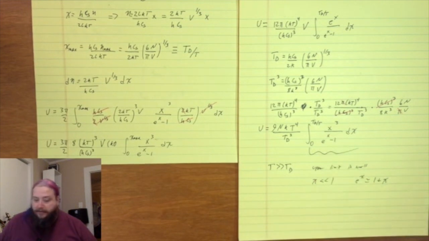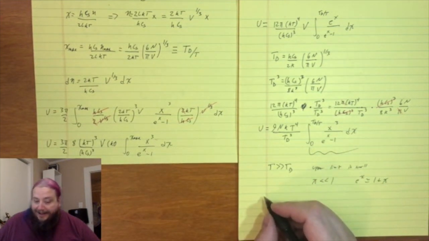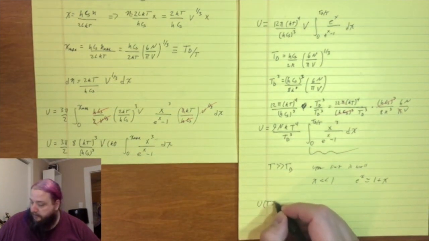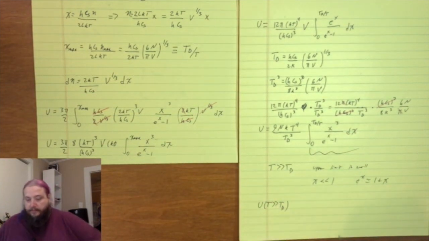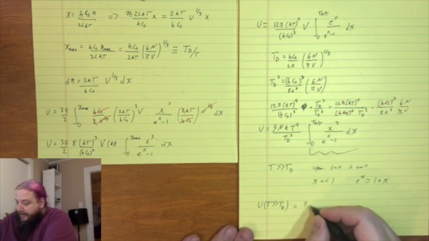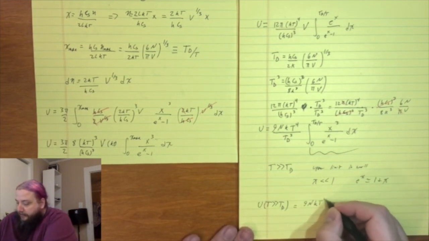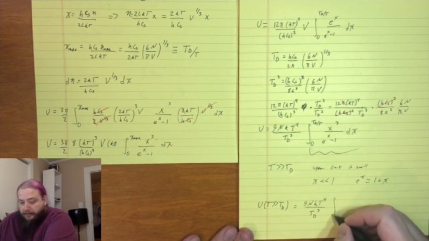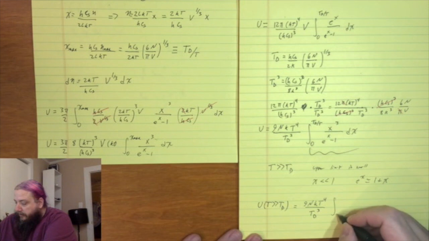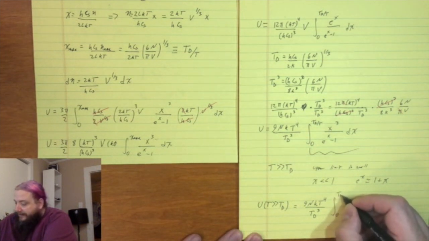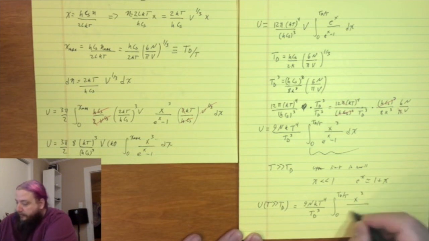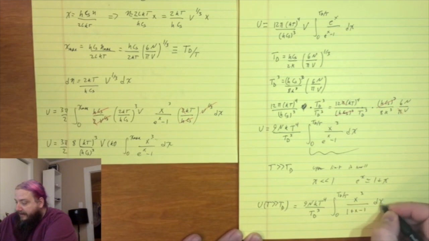And so then our integral for high temperatures is just going to be 9nkT to the 4th over Debye temperature cubed times the integral from 0 to T_D over T of x cubed over 1 plus x minus 1 dx.